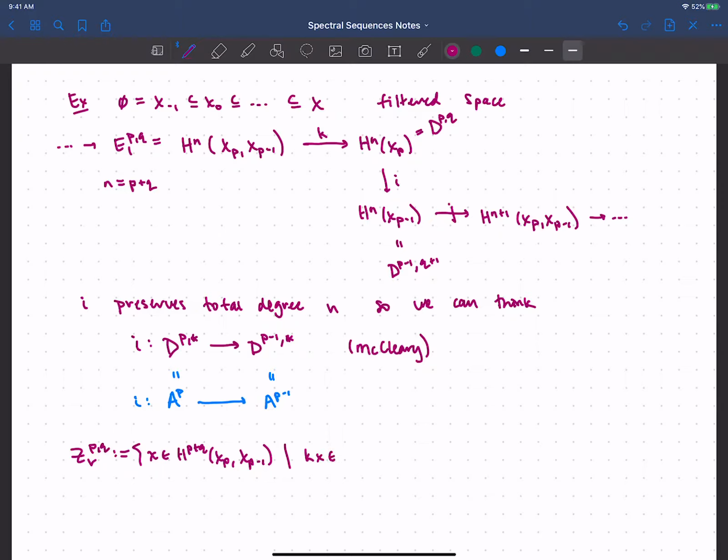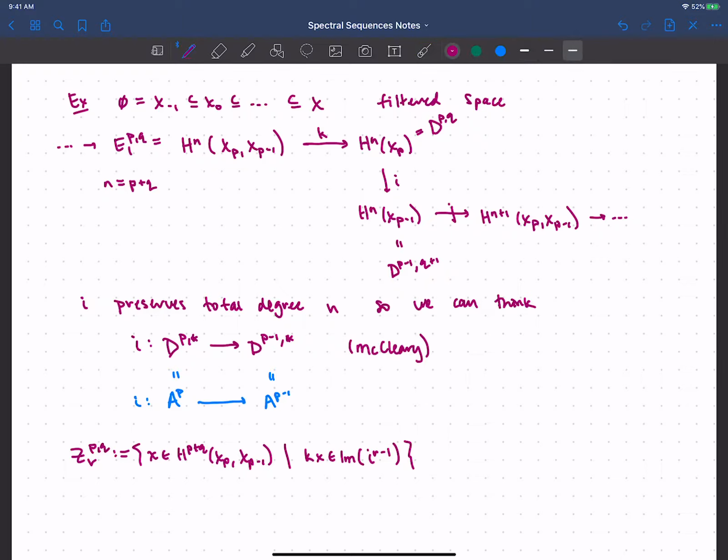So we said k(x) lands in the image of i^{r-1}. Okay, so another way of saying that was that we can lift this thing at the diagram r-1 times, right? So we take x, we apply k of x, and it's the image of i^{r-1}, so I could lift it up r-1 times, and then my differential was send that over, right? So the moral of the story is if I have something like that, I can define d_r of x.